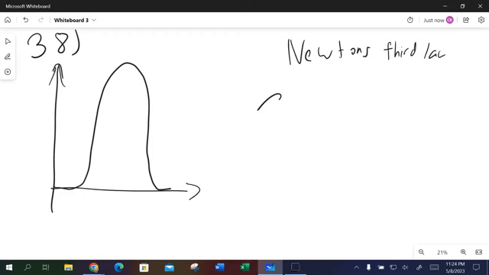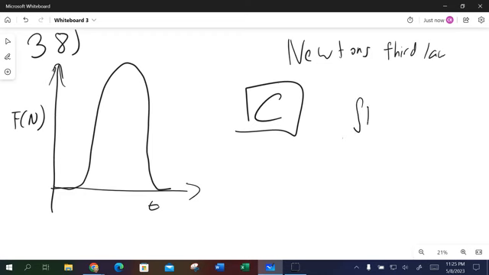So our answer is C. So in other words, if we write this as F of n, and this is delta time, the integral of force dt for this has to be equal to the negative of the other force, times dt.